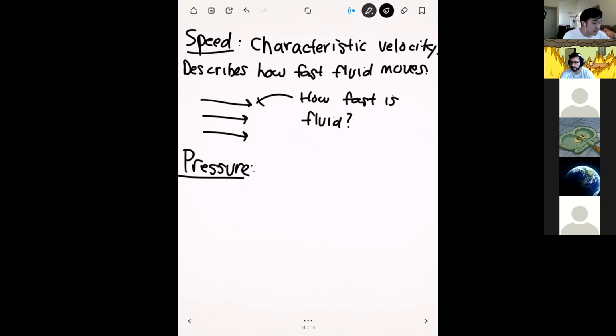Okay. And then the last one is pressure. Okay. And so pressure, I'd say, is really only a factor for internal flows, so flows that are completely encased. You think of things like a pipe flow or something like that. Okay.